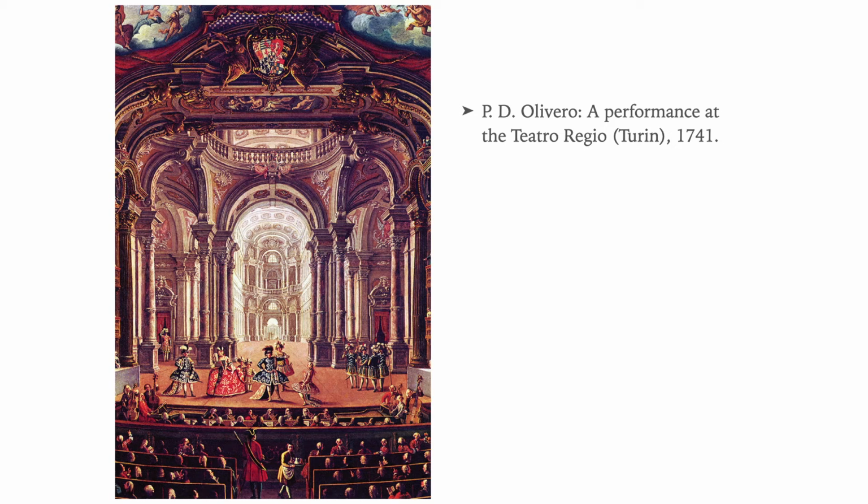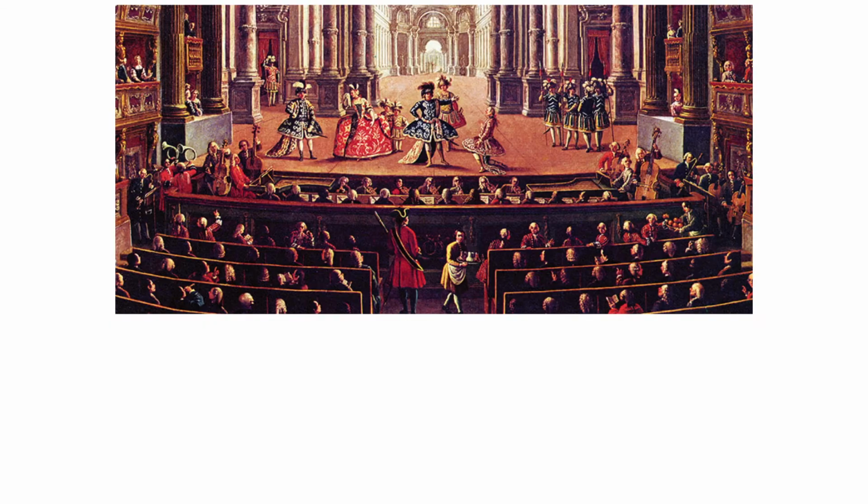I also wanted to show you this picture from a performance of the Teatro Regio in Torino in Italy from 1741 that depicts an opera performance and shows you that there is an orchestra in the front of the stage. It's not really a pit, it's just an area in front of the stage.